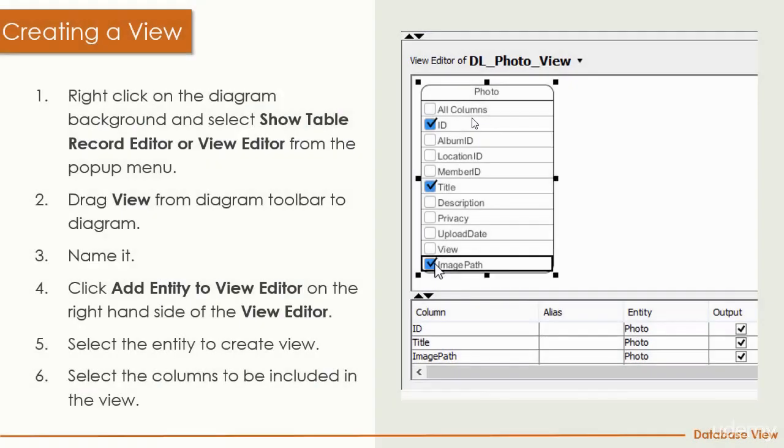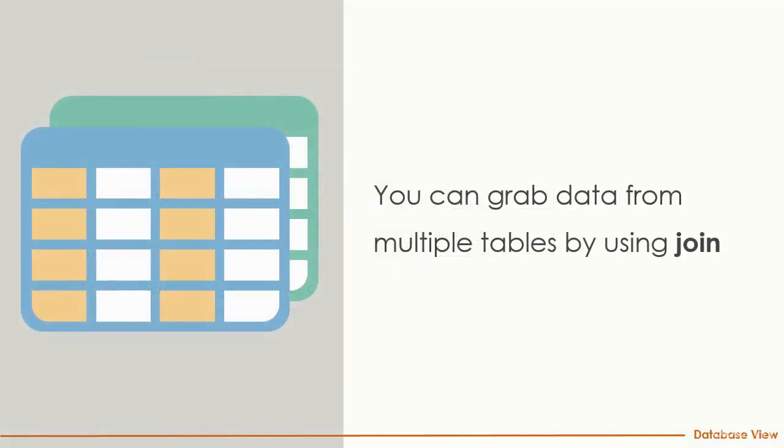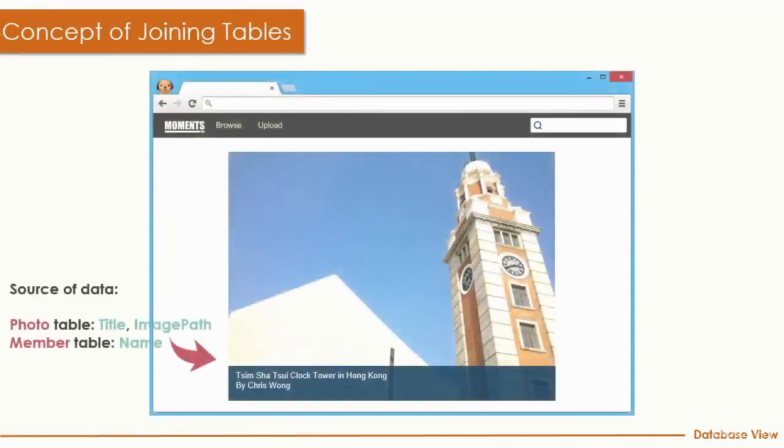I just showed you how to create a view for one table, one entity. But you can also use a view to grab data from multiple tables using a join. And this is another example. We can use a view for showing the photo. You see we show the title, and also the uploader, the name of the member who uploaded the data.